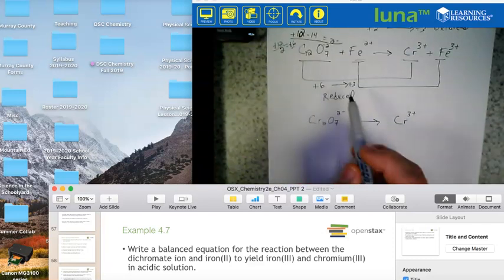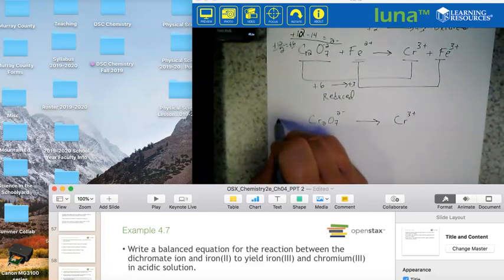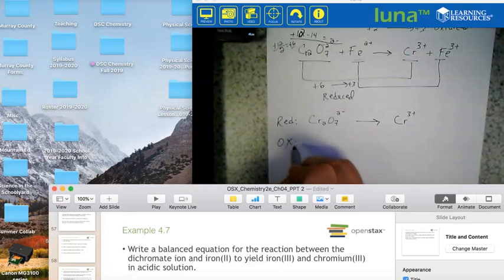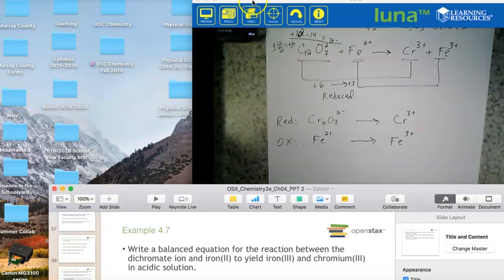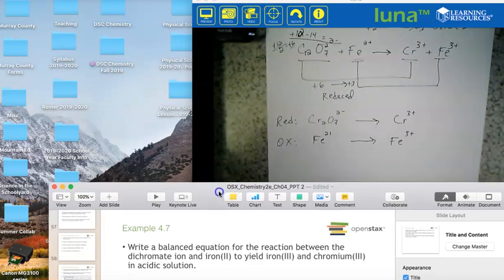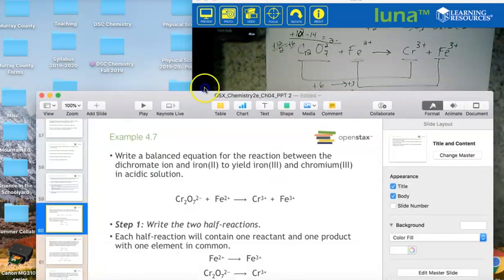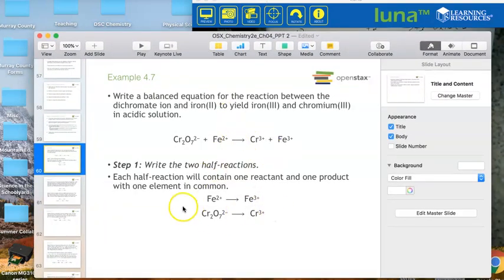I know that chromium was reduced, and my oxidized species here is iron. So that's what my half reaction looks like, and that's what they have here. Generally they write the oxidized before the reduced, but technically it doesn't really matter.